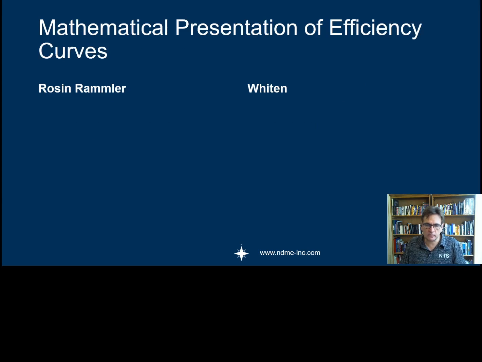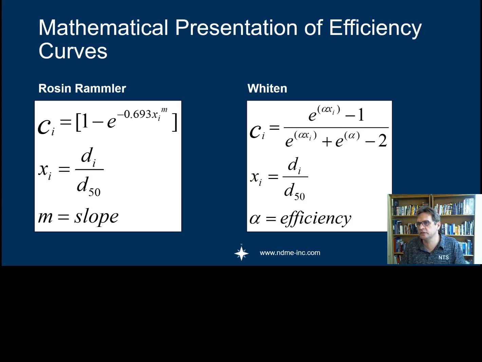Then, as I said previously when I showed the graph, I was talking about probability distribution curves. As metallurgists, we generally use two curves, the Rosin-Rammler and the Whiten, and they are both mathematical representations. Often academics make a big story about these two, but it's not really.